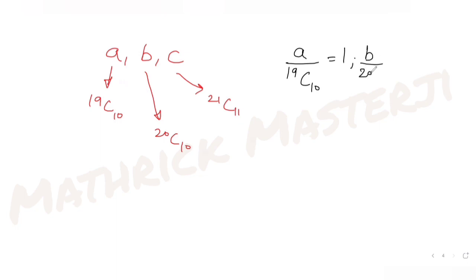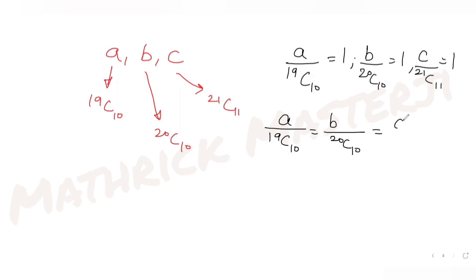Similarly, B over 20C10 is also equal to 1, and C over 21C11 is also equal to 1. When all three of them are equal to 1, I can just take the ratio as A over 19C10 is equal to B over 20C10 is equal to C over 21C11. So once I have this ratio with me, let's figure out 19C10, 20C10, and 21C11.